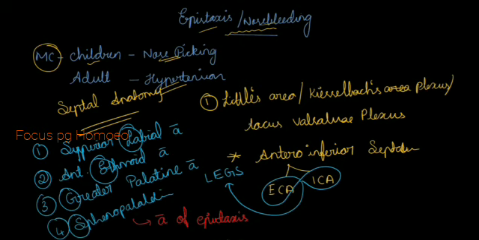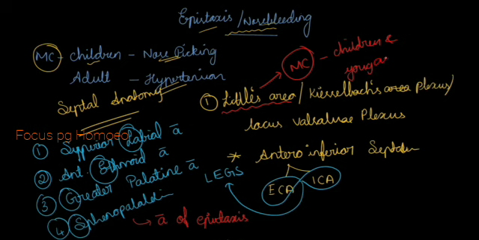And what is more important in case of Little's area? This is the most common area of bleeding in case of children and young adults. The causation is nose picking.